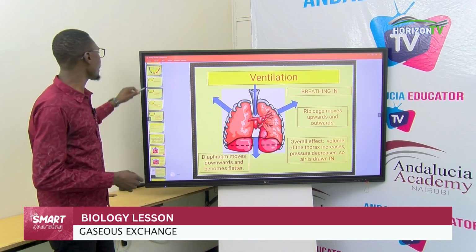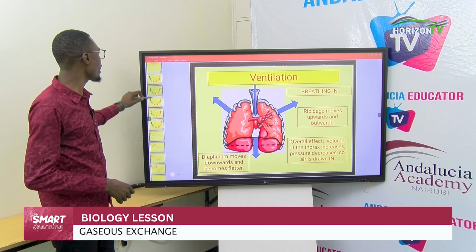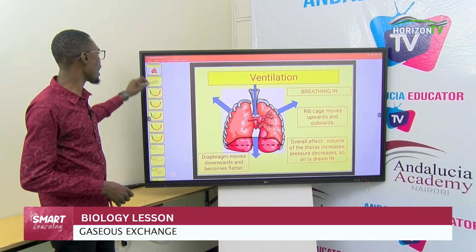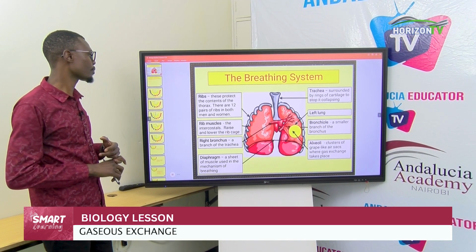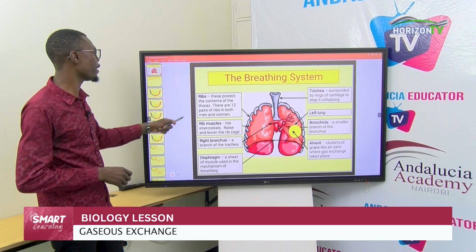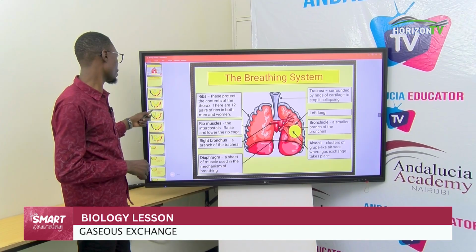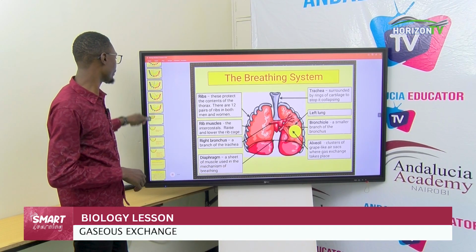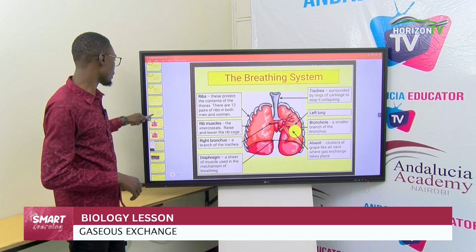So generally, in our learning of today, I've said you have to know all the structures of the lung, their function, and how each structure enables the body to carry out the breathing process. So we have indicated how important those structures are.